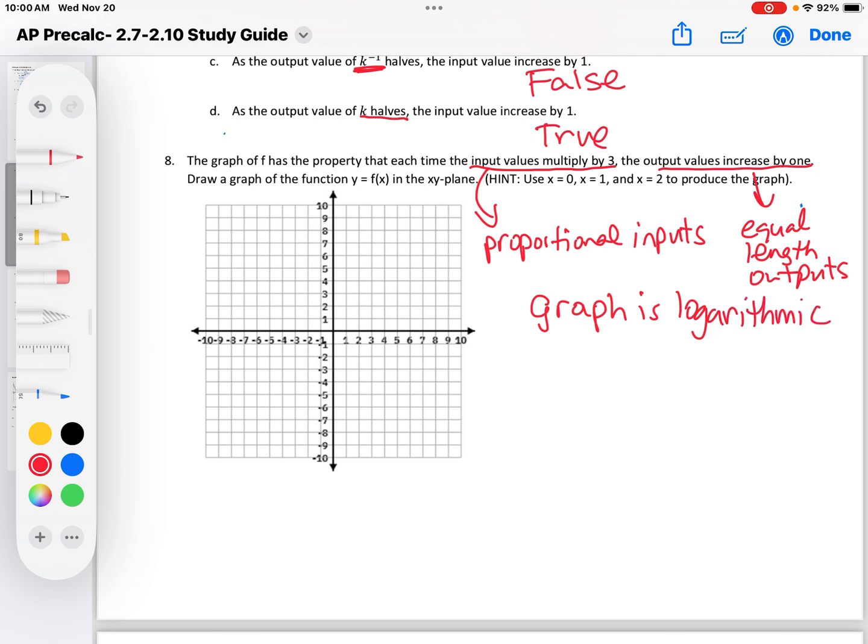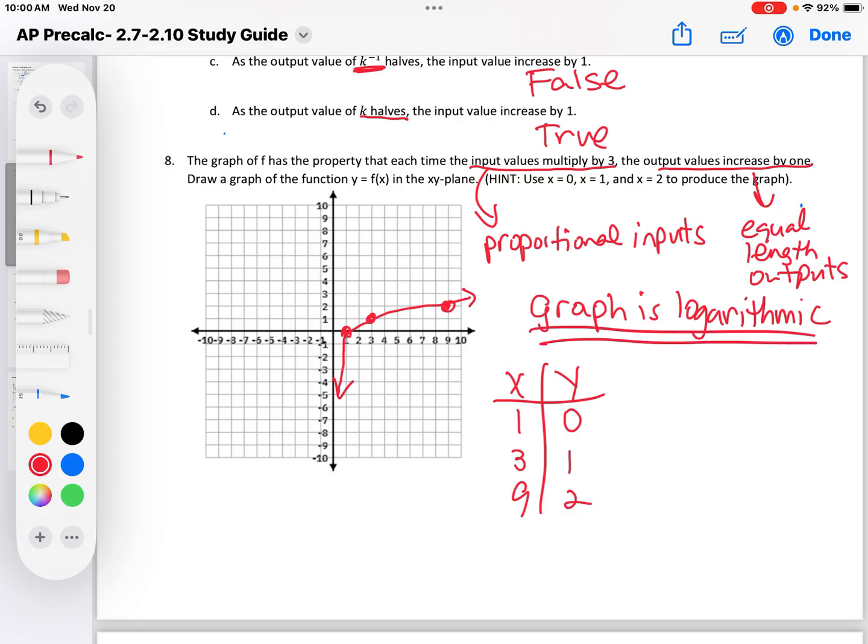Okay, so if I wanted to make a table of values for this, as our outputs increase by 1, so 0, 1, and 2, my input should multiply by 3. Okay, so I'd have 1, 3, 9. So I'm going to plot (1, 0), (3, 1), and (9, 2). And it should graph something like this.